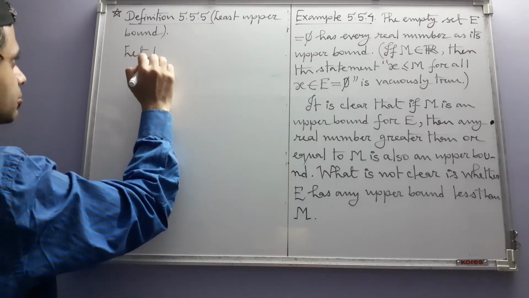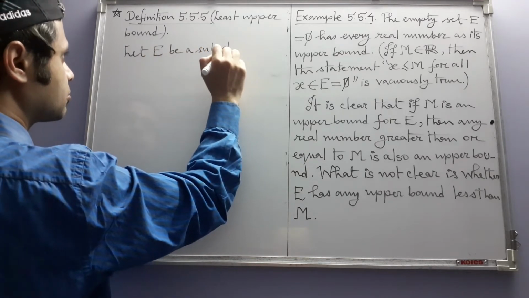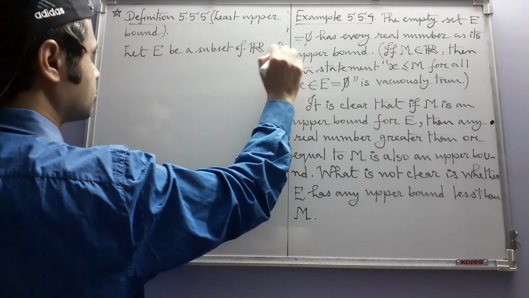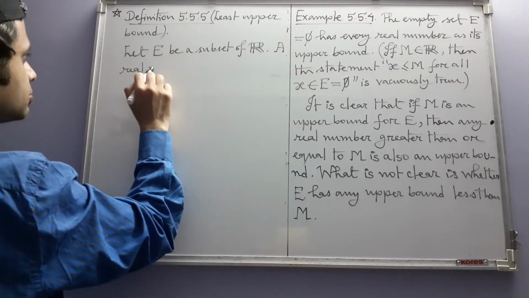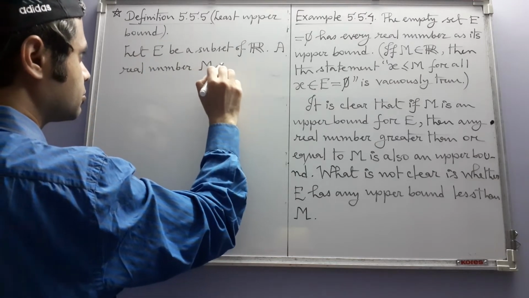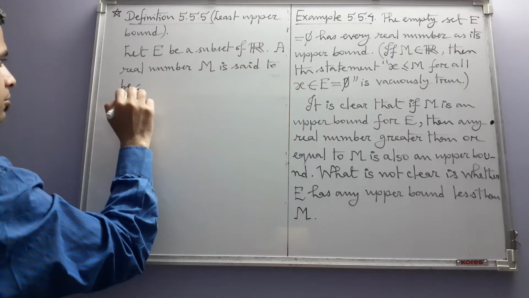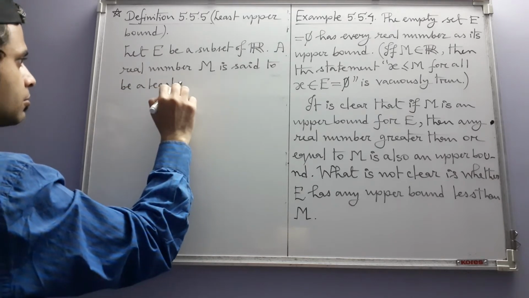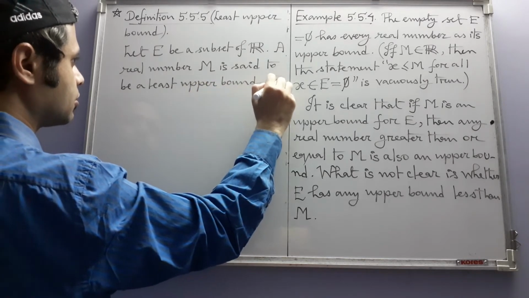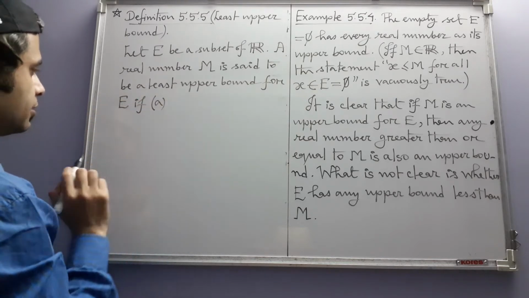Let E be a subset of R. A real number m is said to be a least upper bound for E if there are two conditions that need to be satisfied.